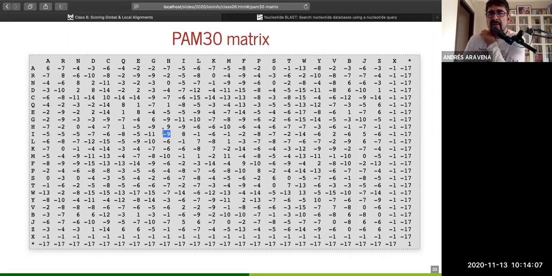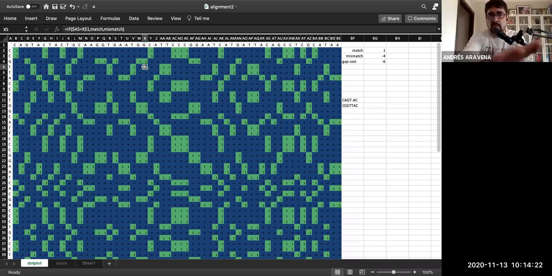The number that you find here will be the score of that pair of letters. In other words, that will be the number that we put here. When we build the dot plot matrix, the number that we put there depends on the letter in the column name and the letter in the row name.